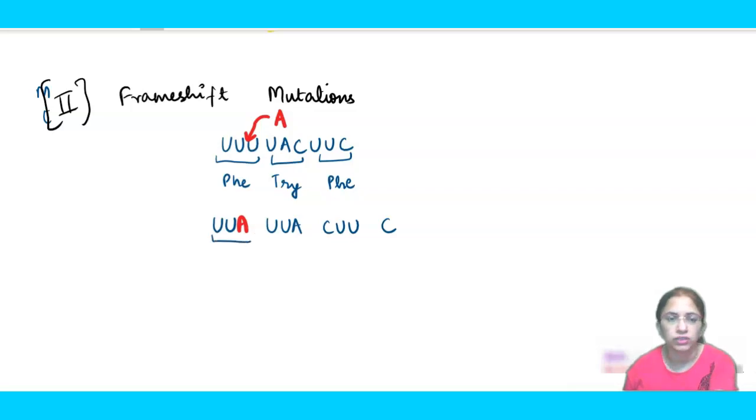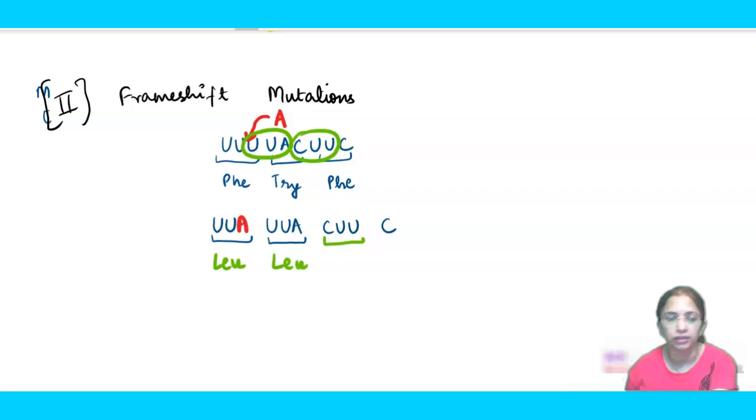This has totally affected, because earlier it was UUU, now it is UUA. Okay, so you can see here that now UUA is the codon for leucine.